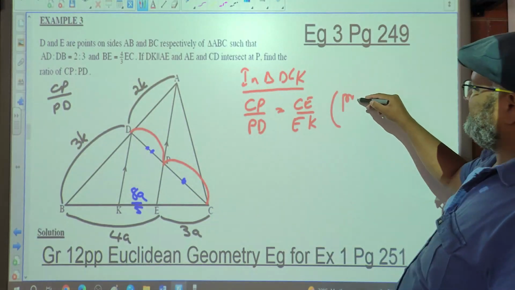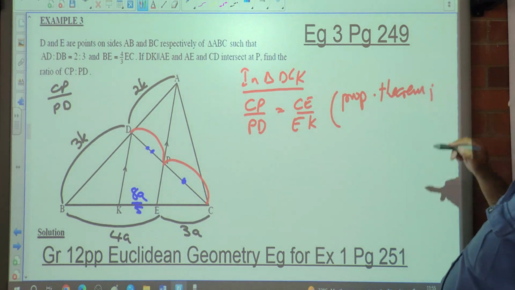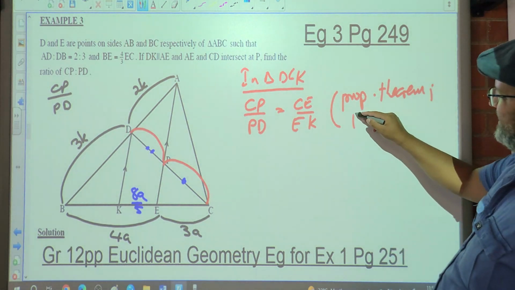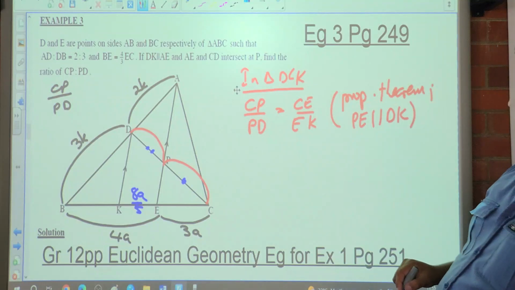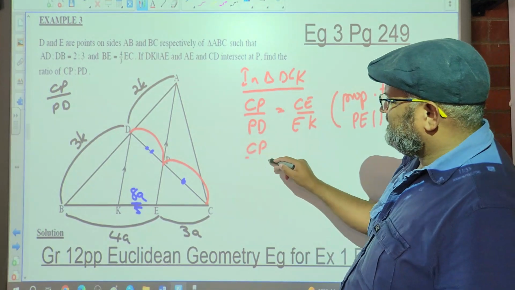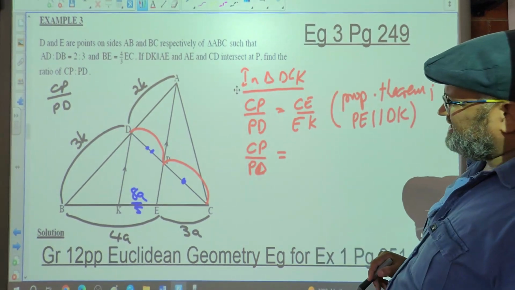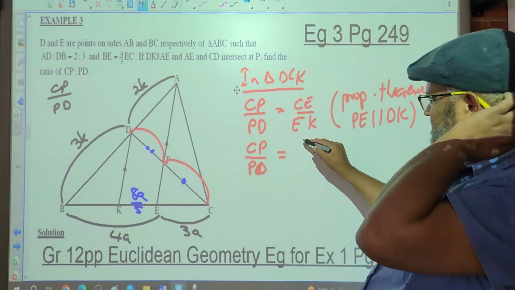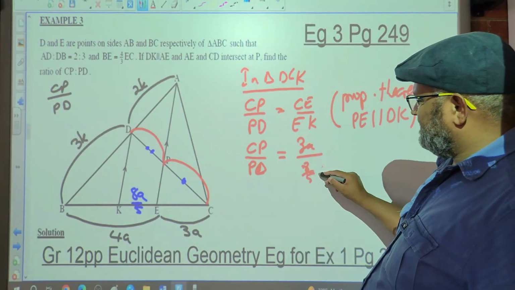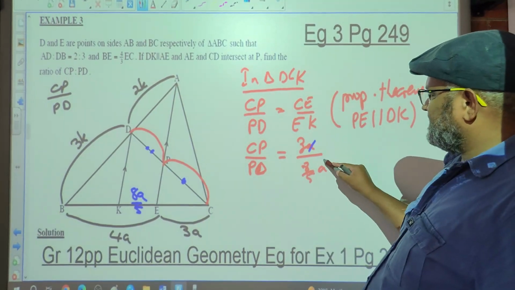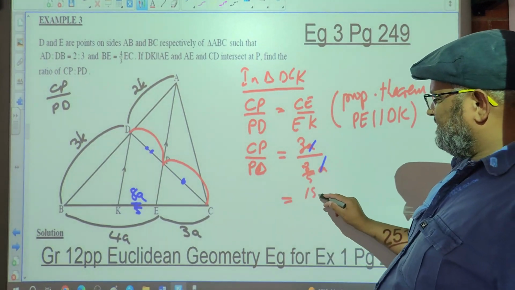Why? The proportionality theorem, with PE being parallel to DK. So CP over PD is equal to CE, which is 3A over 8A over 5. So of course that cancels. So that will give me 15 over 8.